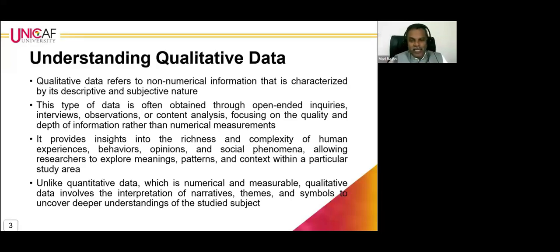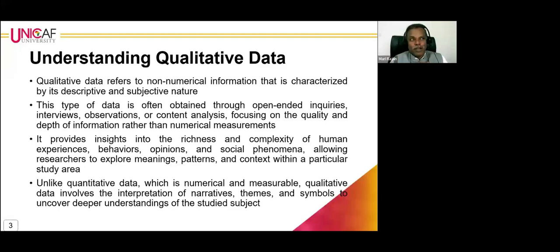Before getting to know about qualitative data analysis, we need to understand what qualitative data is. Usually in academia we are well versed with numbers. Most of our data collection and most of our academic studies are centered around the quantitative.